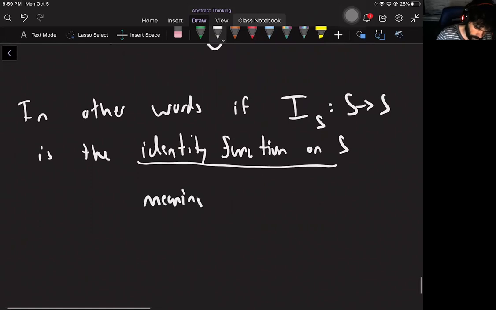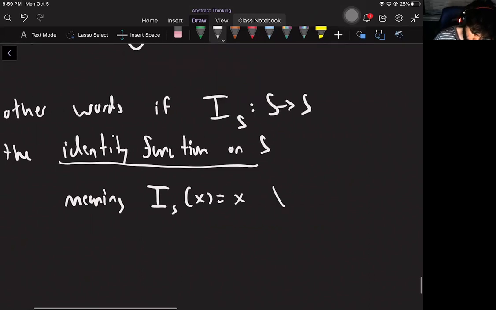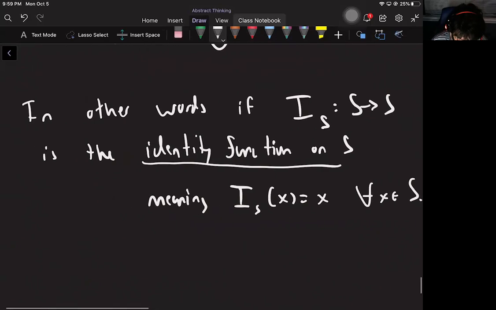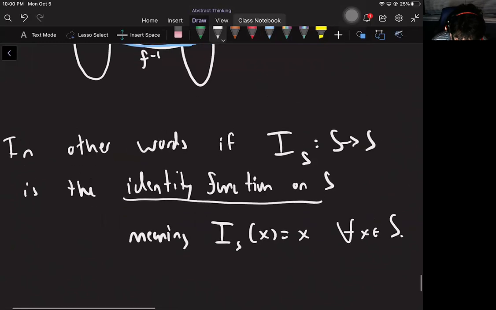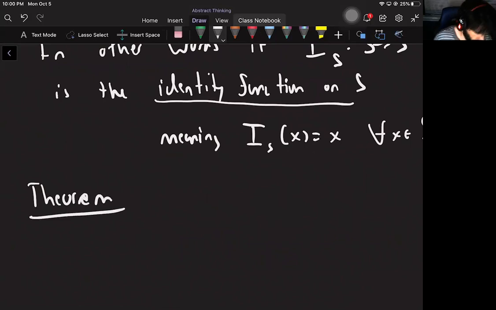It's defined by doing nothing. It takes x to x, no matter what x you start with. That's just a way to say do nothing in a fancy term, so I can create this theorem to say what I just said in a fancy theorem way.